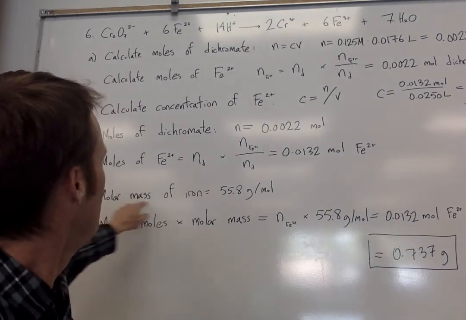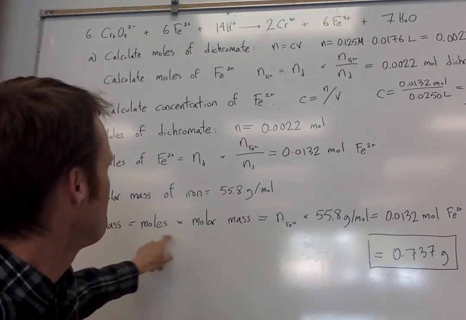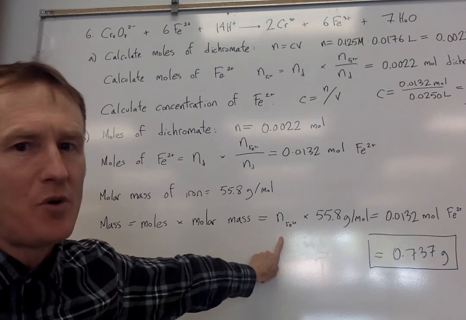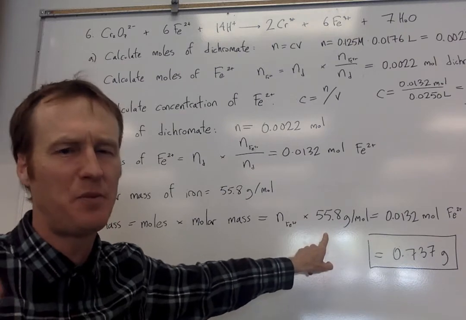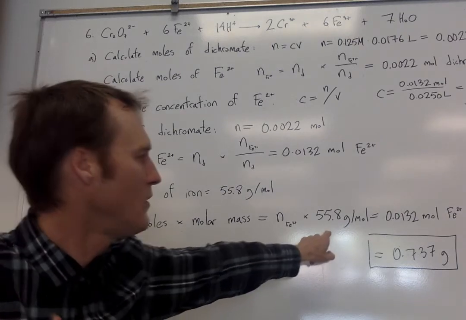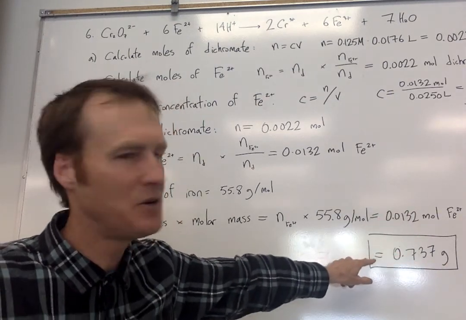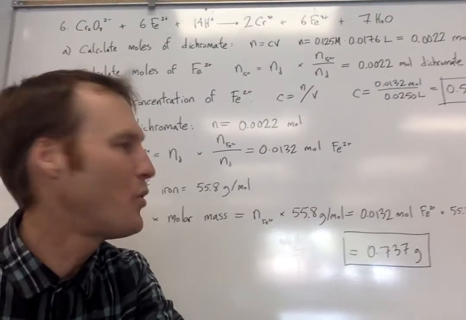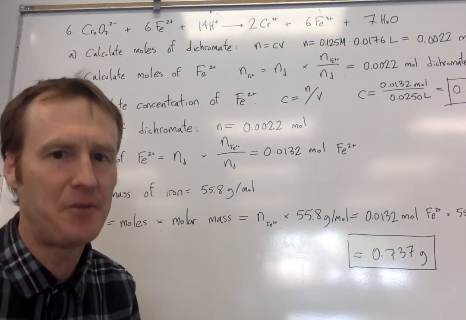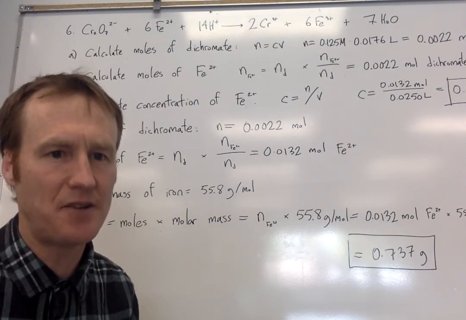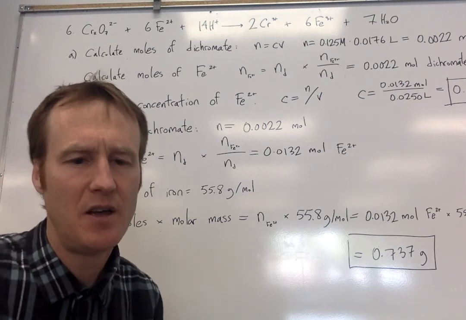So in that case, molar mass of iron, 55.8 grams per mole. The mass equals the number of moles of iron 2+ times 55.8 grams per mole, because 2+ and 3+ is all 55.8 grams per mole, equals 0.0132 moles times 55.8 grams per mole. After all that rigmarole, we get 0.737 grams. Or you could say, as a full answer, 0.737 grams of Fe2+. Plus, I guess there would be some extra mass for whatever negative ion it was paired with.